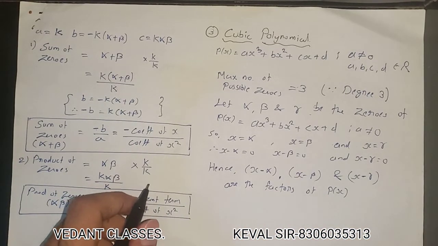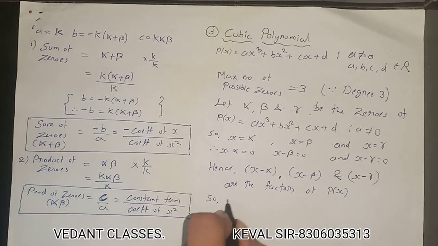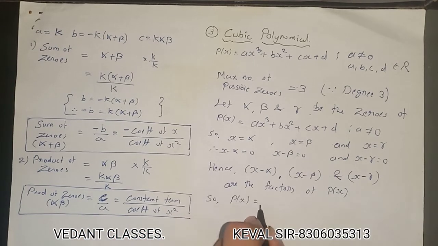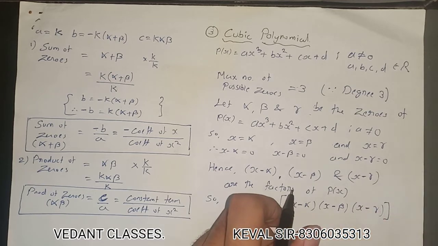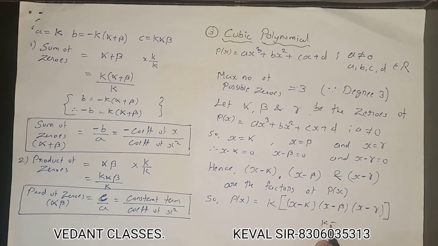Okay, so you can write it in general form like this. p of x is equal to k times the factors x minus alpha, x minus beta and x minus gamma, where k is not equal to 0, or k belongs to R minus 0.